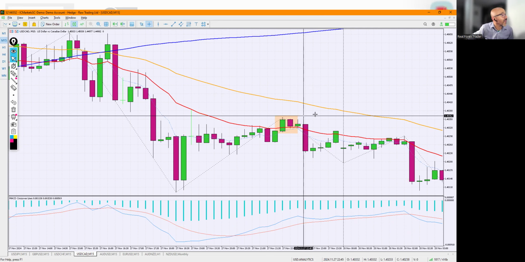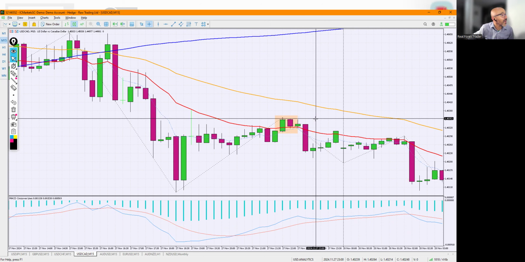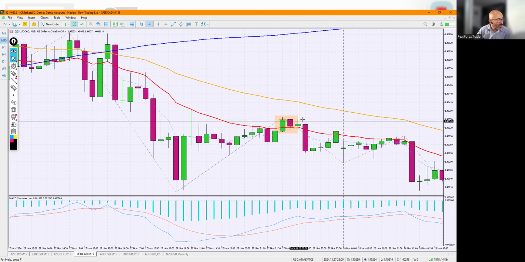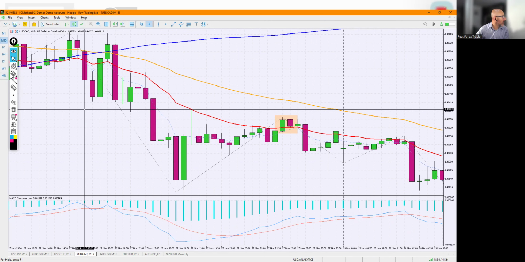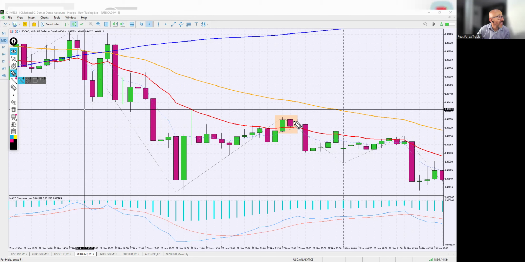If I trace here my crosshair, you can see that there is slightly, right, slightly a difference between the close and the open of these candles. You see that this one, right, the bear candle, is slightly opening above the close of the bull candle. It's basically one peak, but there's a signal, right?